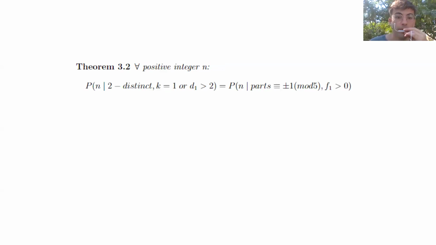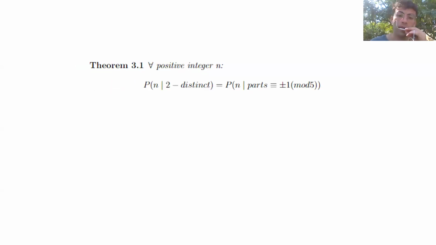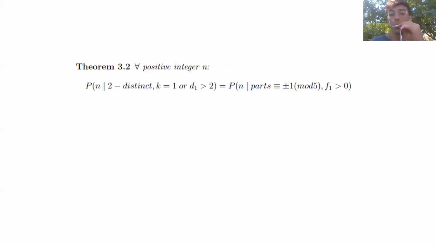Let's continue. Theorem 3.2: for all positive integers n, just observe the left-hand side has an extra condition compared to the Rogers-Ramanujan identity's left-hand side. This is 2-distinct partitions, but with the condition that the part d1 is greater than 2.